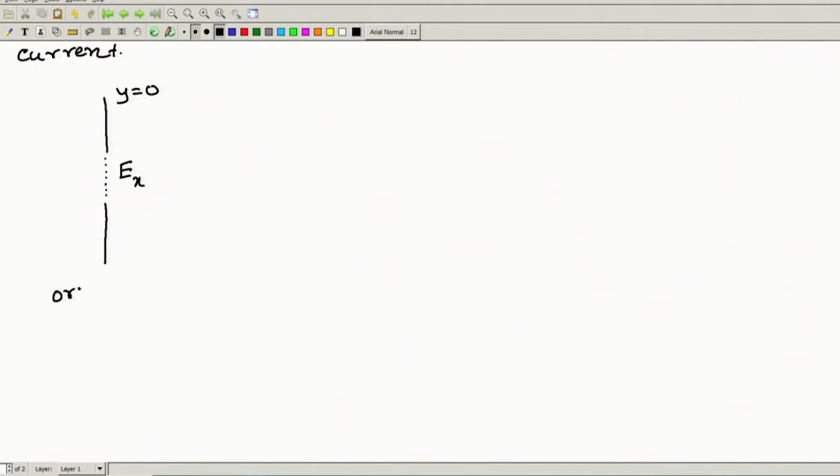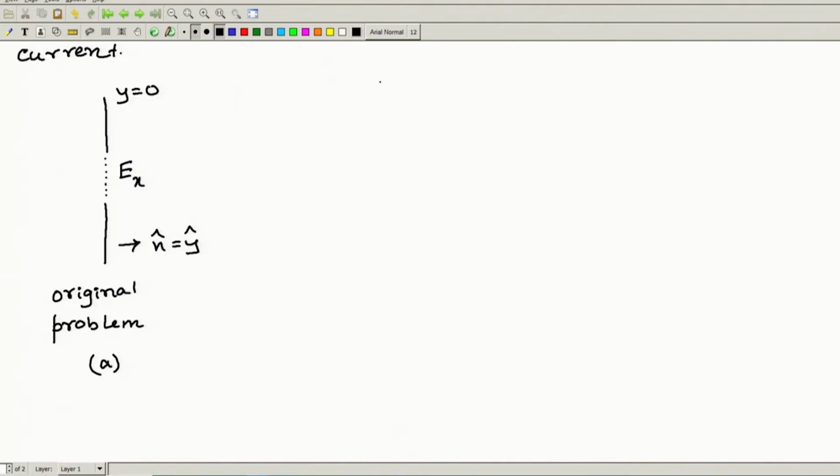Here the unit normal n cap is y cap. Now, this original problem, by using the equivalence principle, we will replace the aperture by a patch of magnetic current. So, if this is A, this was our original problem.